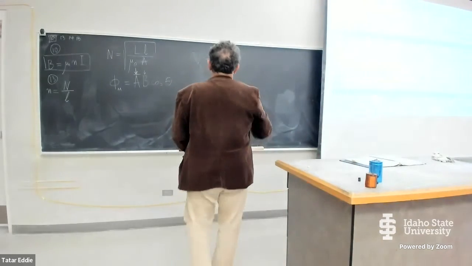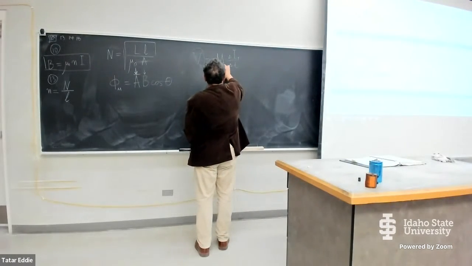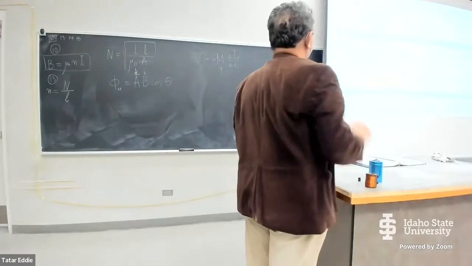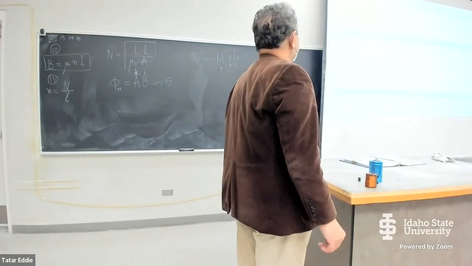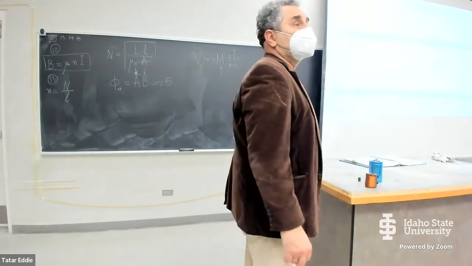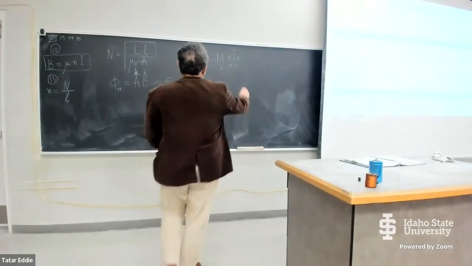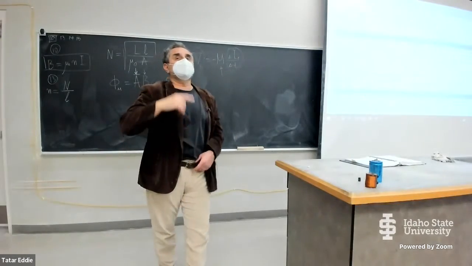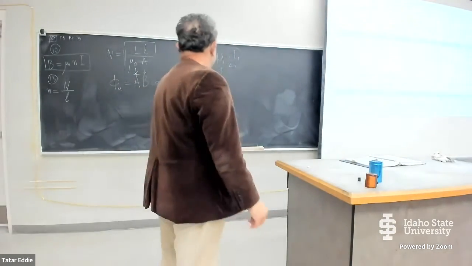If you increase the mutual inductance by a factor of 2, the voltage also has to increase by a factor of 2. That's it, because the current in the primary is a fixed number. It is what the generator gives you.